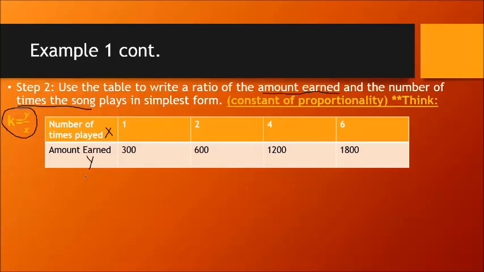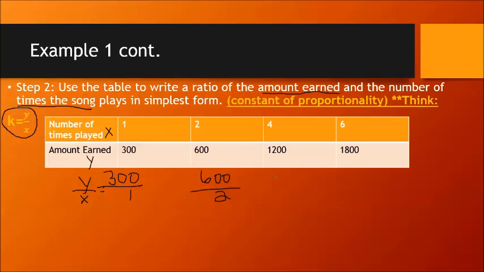So it's y over x. So if we do that, we write 300 over 1, because that's going to be your y over your x. Okay, that's one proportion. Another one would be 600 over 2.